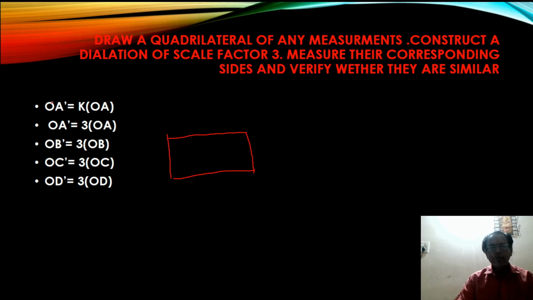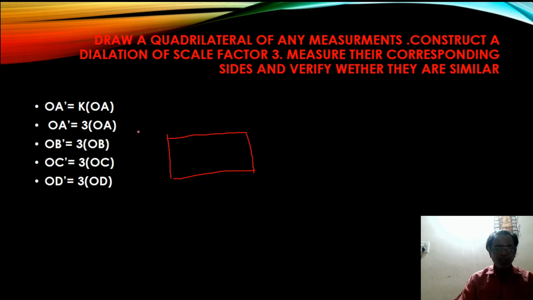So the new rectangle after dilation. What does dilation mean? Dilation means stretching a figure out to another. That means we have to enlarge the figure in all directions. If it is already stretched out, then we have to compress it to its original position.